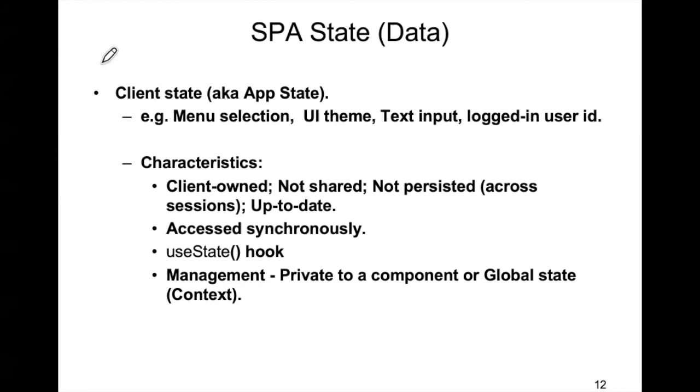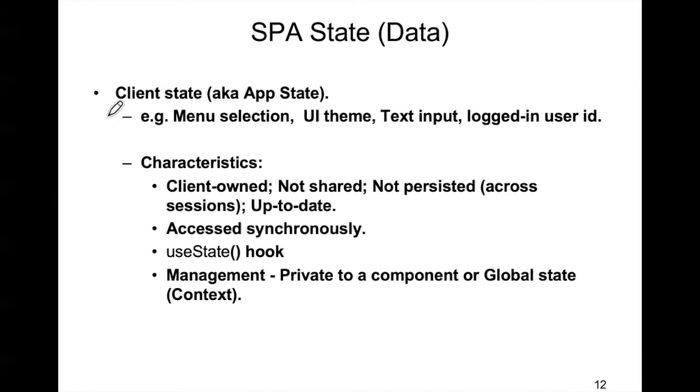Then we would need to store somewhere which theme the user had picked, so as to decide how components should render their UI. Any text box in any form, for example, would be another example of client state. Maybe recording what user is currently logged into the browser. That would also be classified as client state.